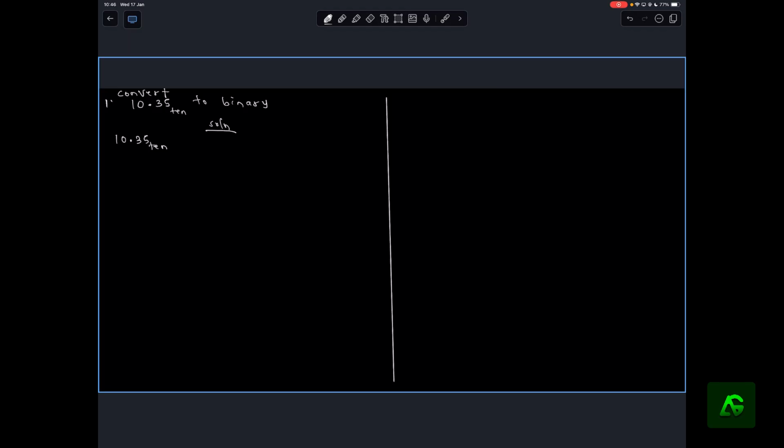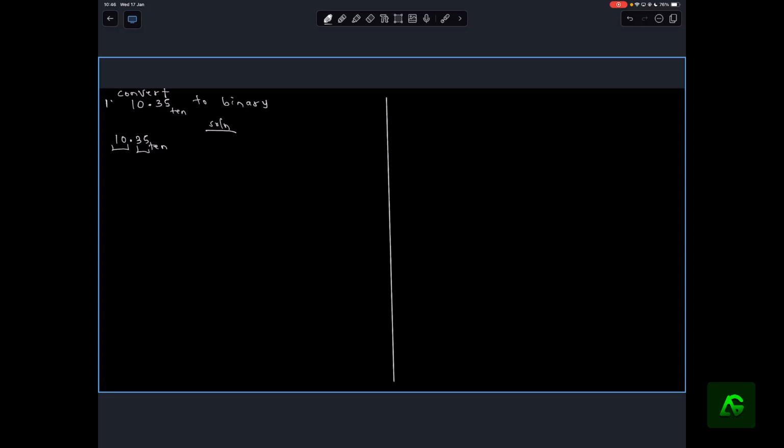So this one is a number in base 10, a decimal number with point. I make it clear that a decimal number has two parts: the part before the point, and what we have after the point. What we have before the point is the integral part, right?